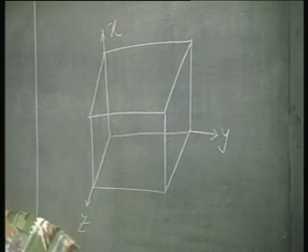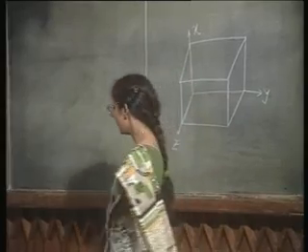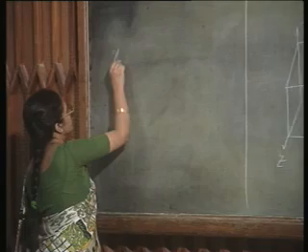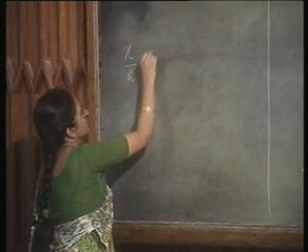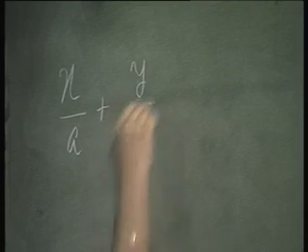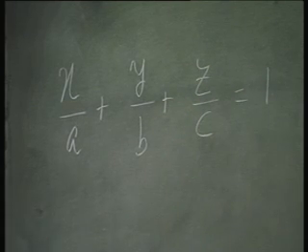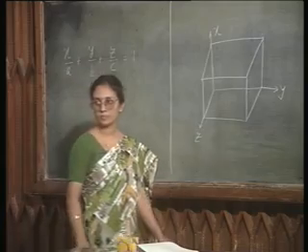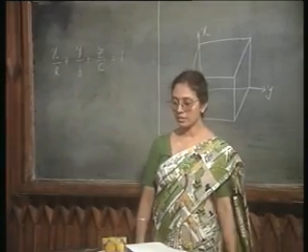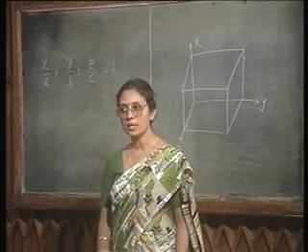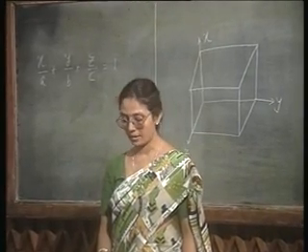So, a plane is actually defined by this equation, where A, B, C are the intercepts made by the plane on x, y and z axis respectively.